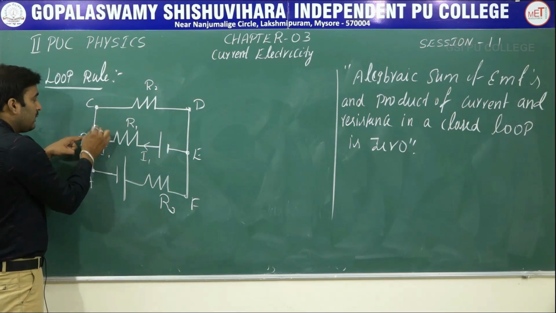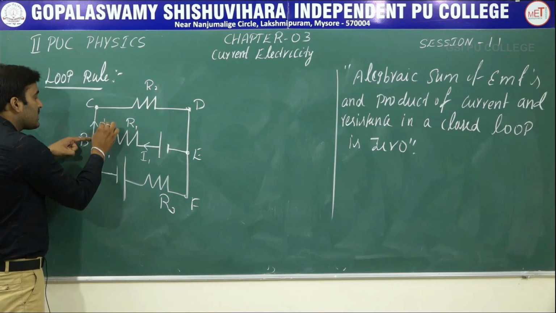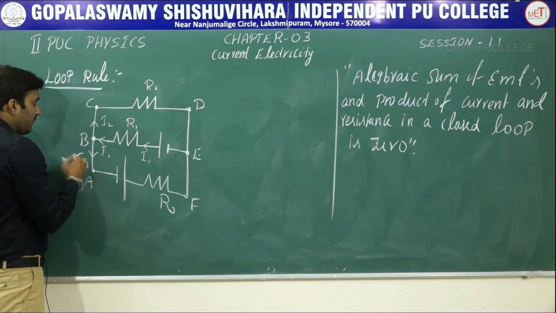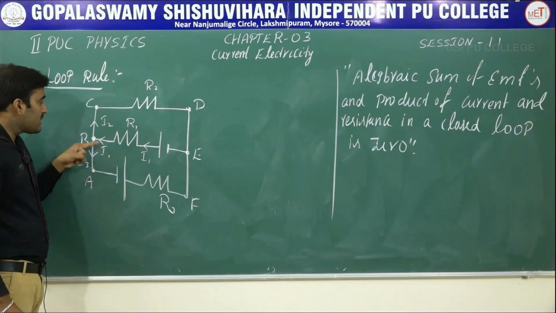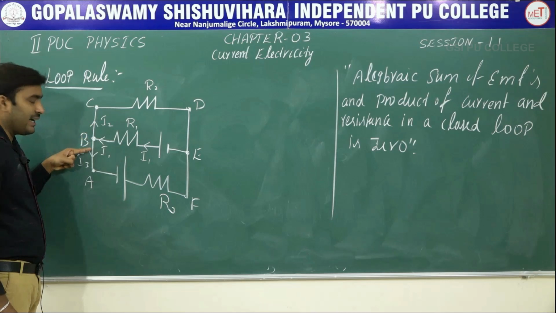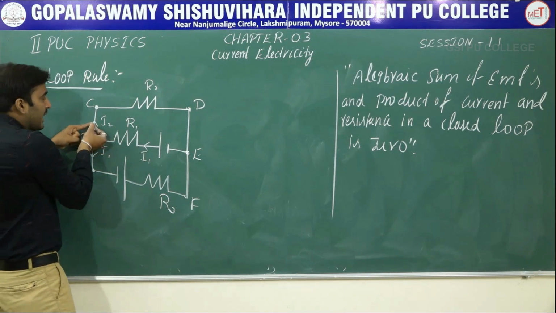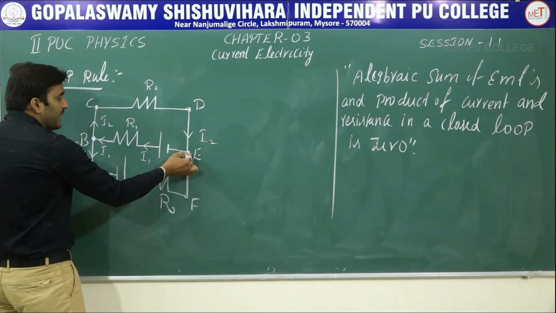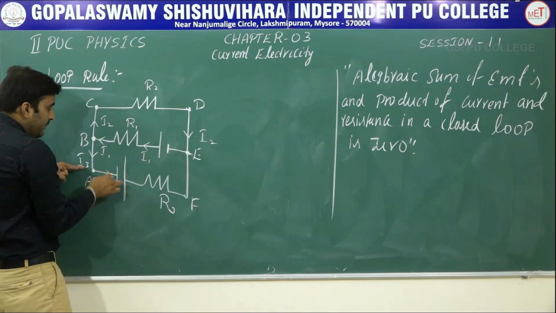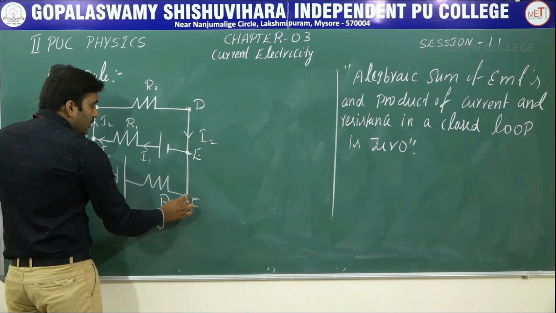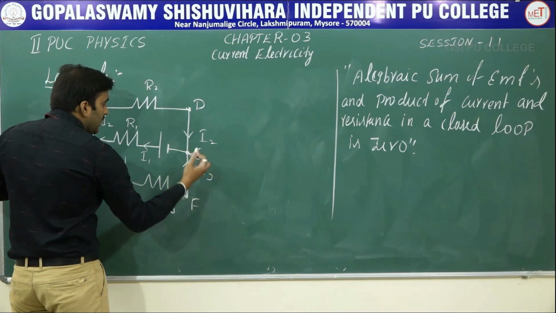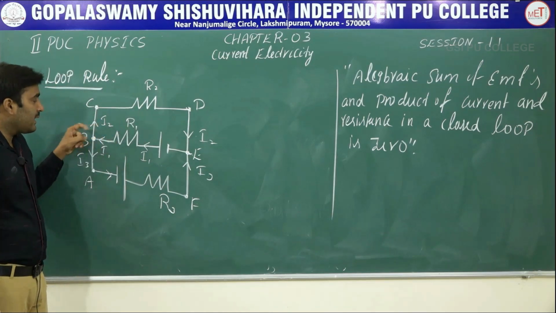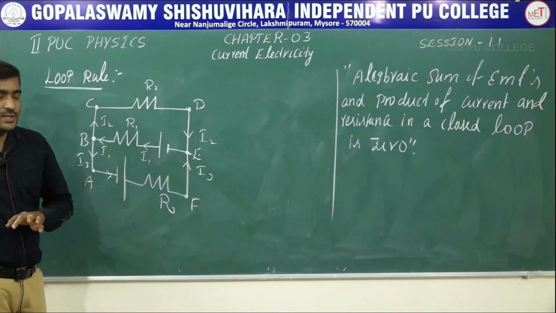Let us say that the current leaving this junction is I2 here and I3 here. The same current I1 is splitting into I2 and I3. Next, this current I2 comes here and is entering this junction, and current I3 is entering this junction like this. So I have marked the currents and resistances.